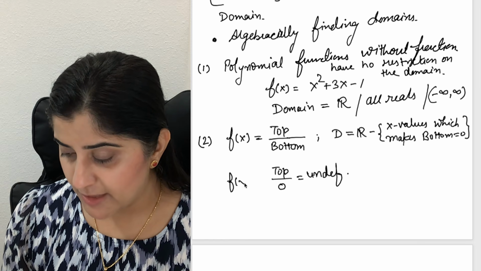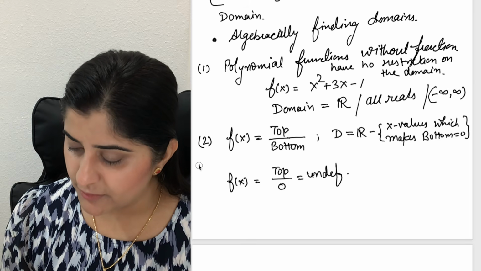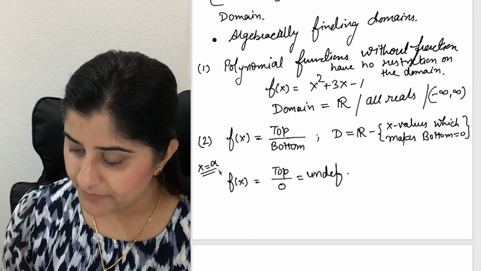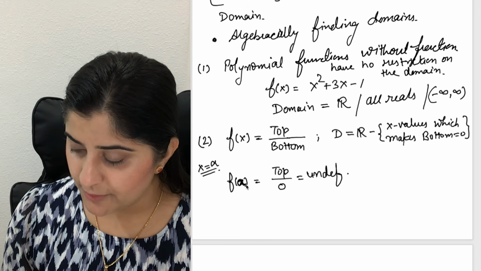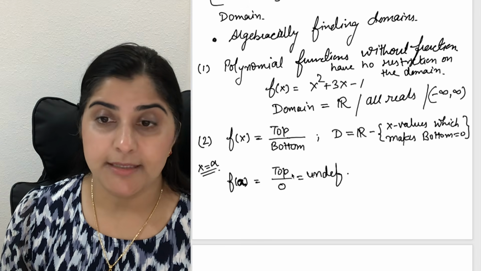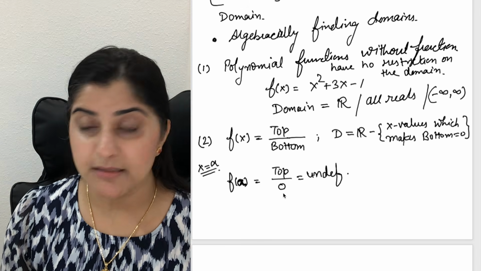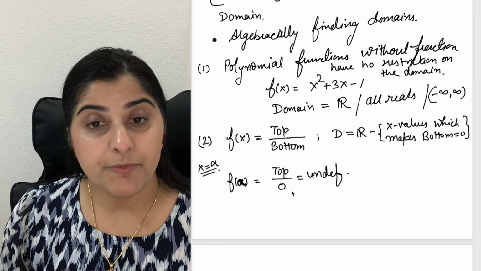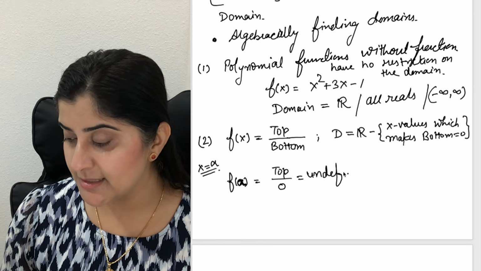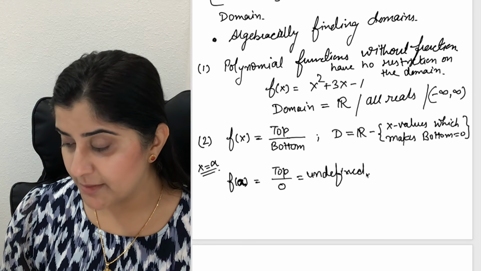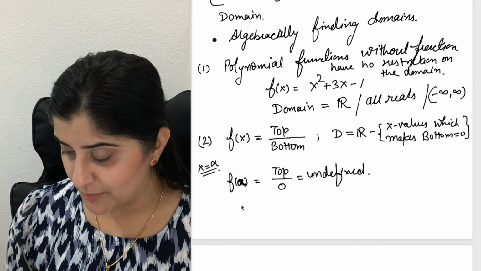For that x value, suppose x is equal to a, when you plug in this x value here, you get something in the top and it makes the bottom 0. So if the denominator is 0, it is undefined. That means we don't get any output.